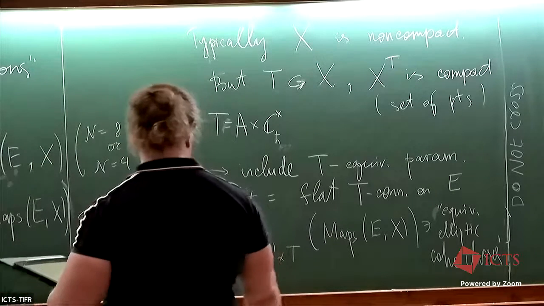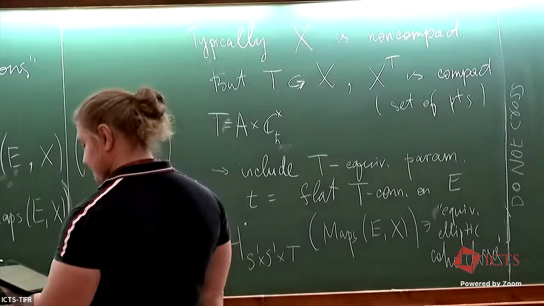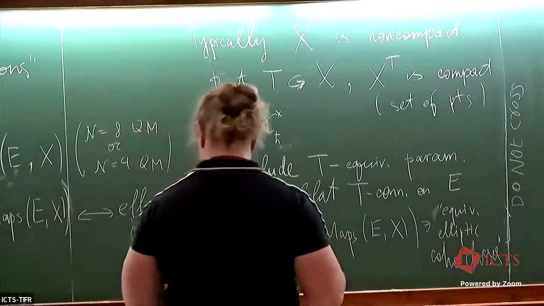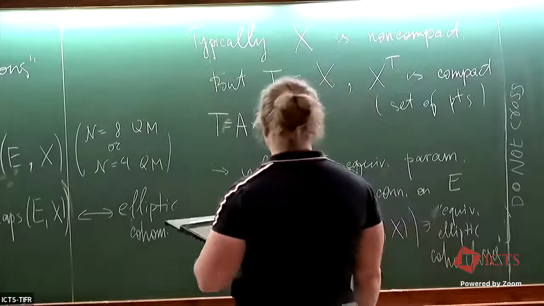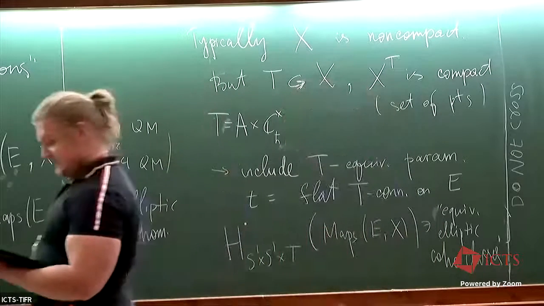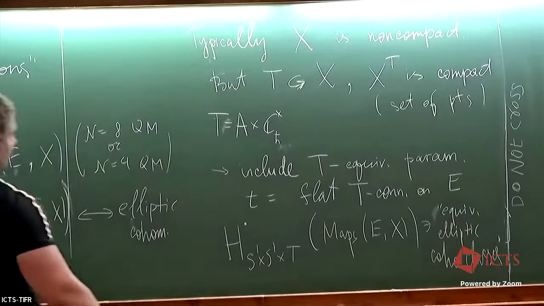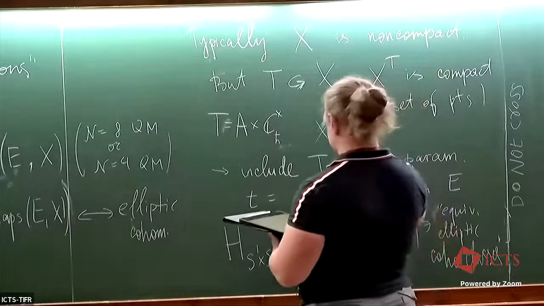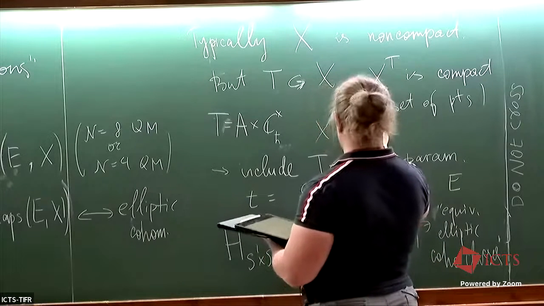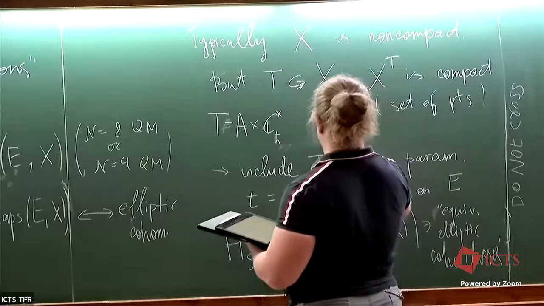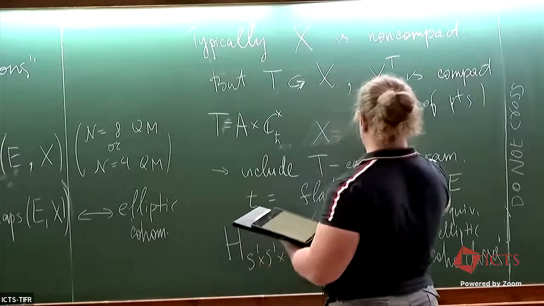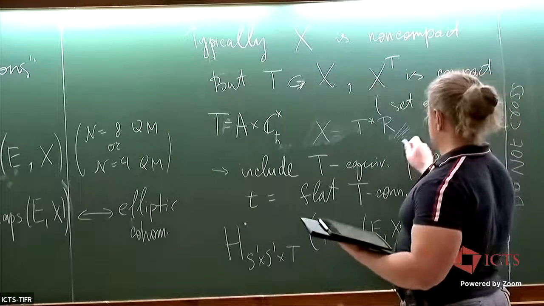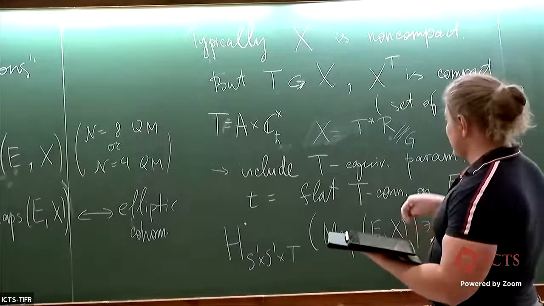Okay, so perhaps I should also say that, as I said before in words, this X branch is often just a hyperkähler quotient. So you start with some matter in complex representation R, and then you take the hyperkähler quotient by the gauge group.